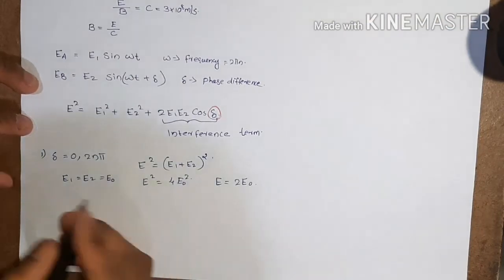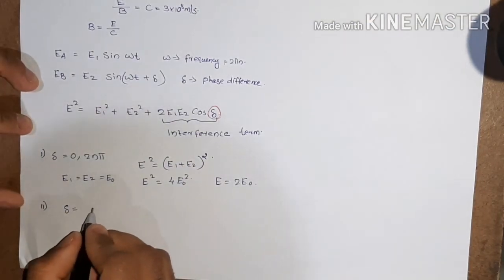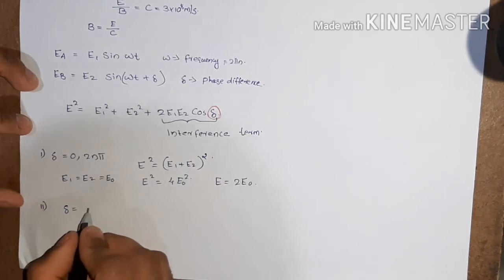In the second case, delta is equal to odd multiples of pi, that is, 2n plus 1 pi.